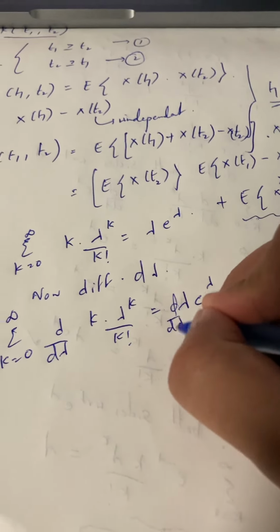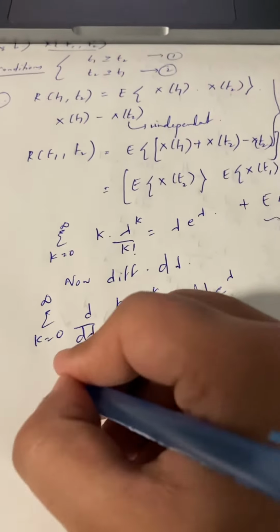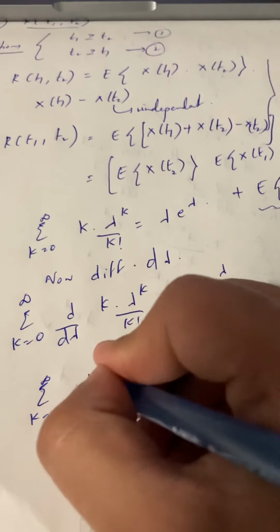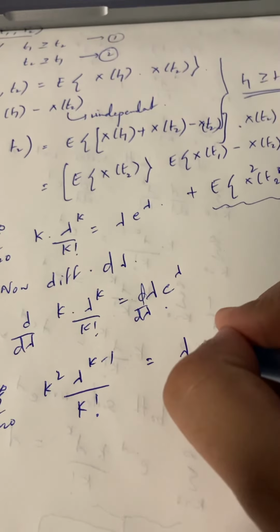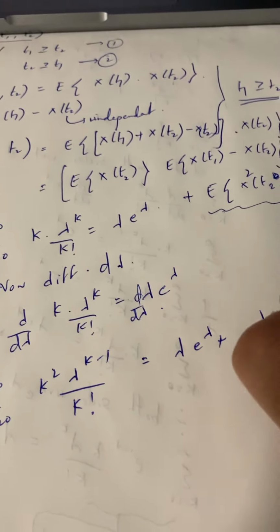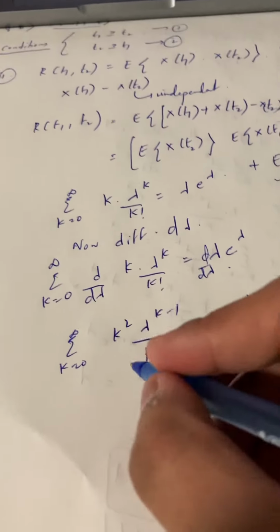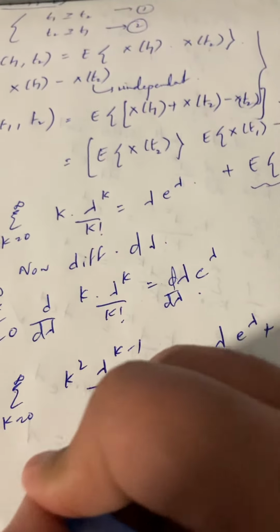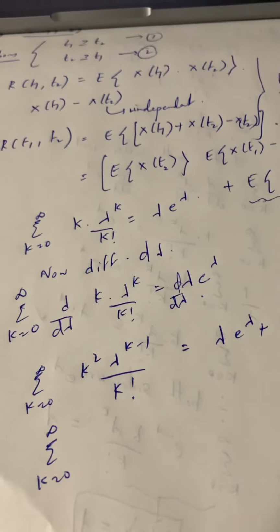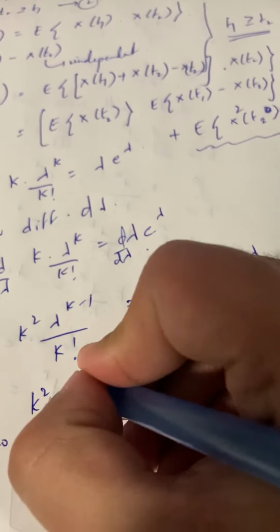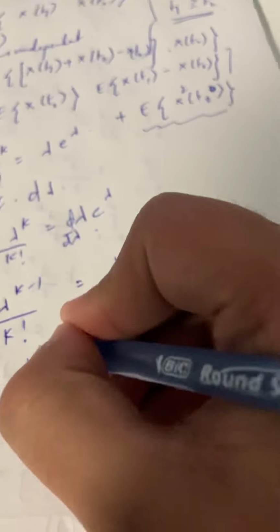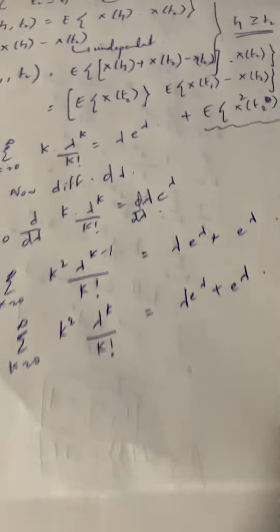D by d lambda is here. So this can be written as sigma k running from 0 to infinity k square lambda power k minus 1 by k factorial equal to lambda e power lambda plus e power lambda. So this can be written as sigma k running from 0 to infinity k square lambda power k equal to, there will be 1 by lambda here, e power lambda by k factorial, plus e power lambda.